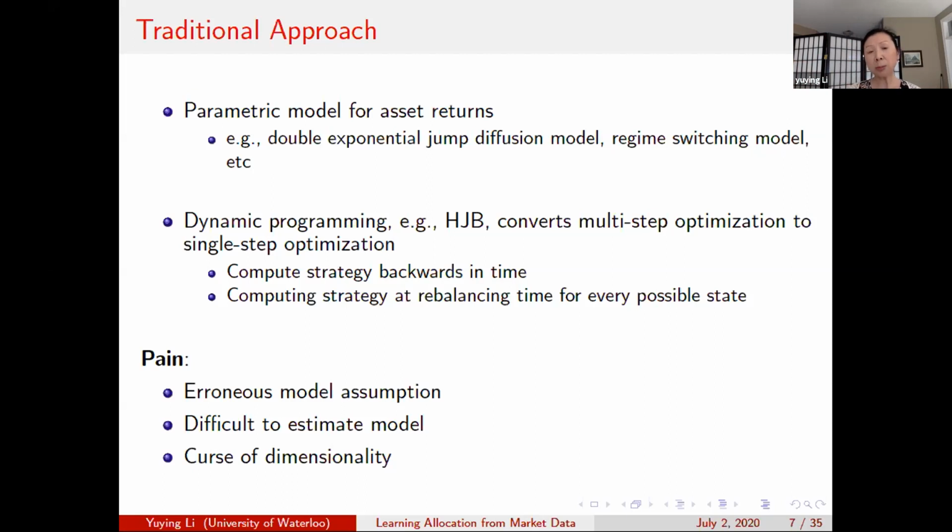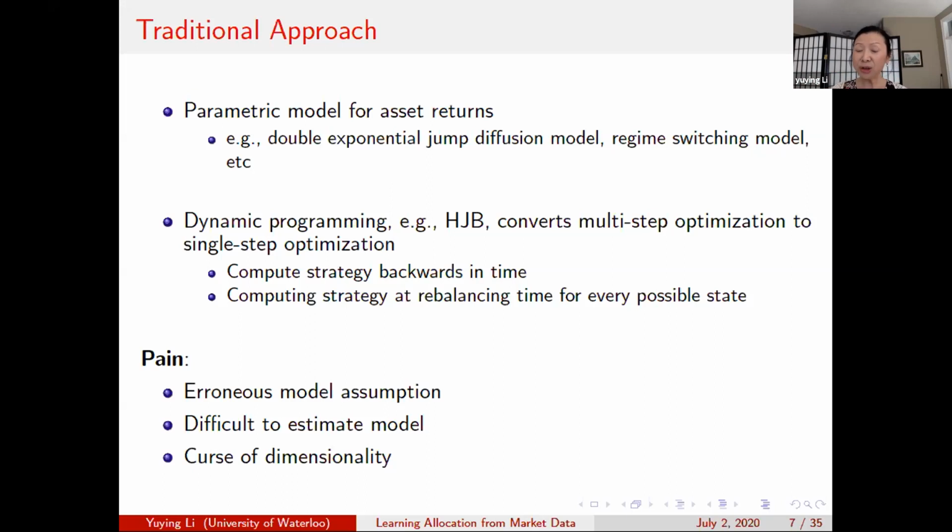So this traditional approach, which we have been taking for many years, is difficult and painful because it requires us to make a stochastic model assumption on the financial market. It's very unlikely that we know how the market works and have a perfect model for it. And so we have error in our model assumption. And then we want to keep the model simple because otherwise we can't solve the stochastic control problem easily, right?